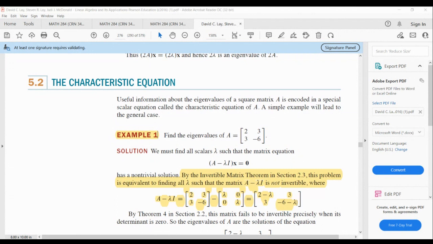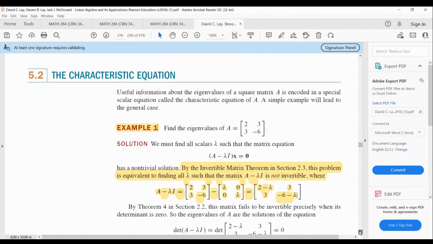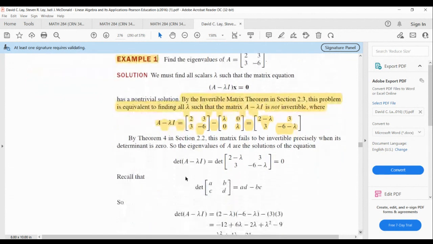And they also say by theorem 4 in section 2.2, the matrix fails to be invertible precisely when its determinant equals 0.